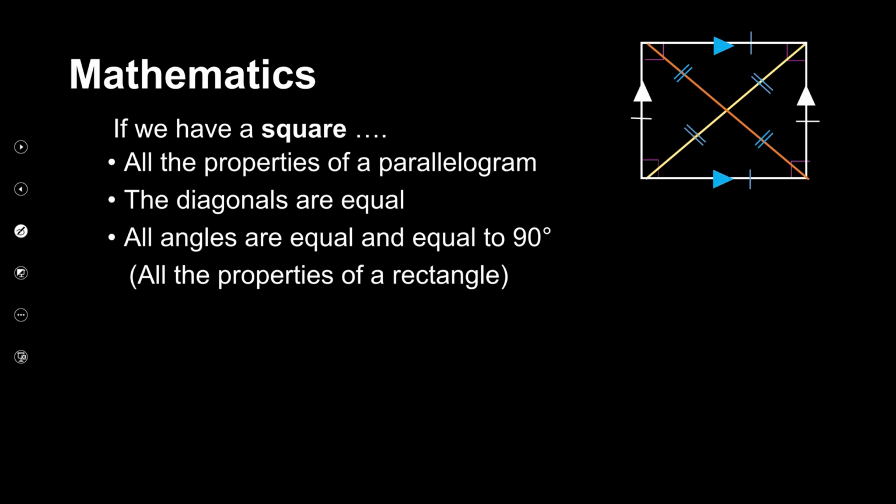So I will start by saying all the properties of a parallelogram hold, but now the most interesting thing here is that the diagonals are equal. Also, the angles are equal, and they are equal to 90 degrees. What does that do? It now introduces the fact that this is a special type of parallelogram. It is a parallelogram that is a rectangle.